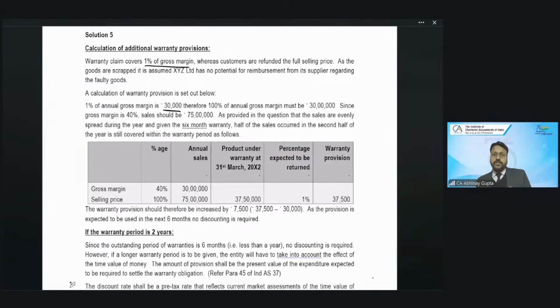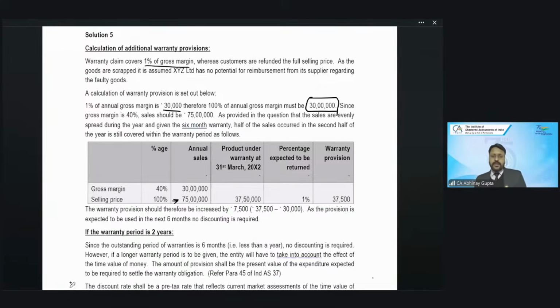So if 30,000 is the 1%, then 100% would be 30 lakhs. And 30 lakhs is the 40% of the sales because this is the gross margin of 40%. So if 30 lakh is the 40%, then what would 100% be? 75 lakhs.